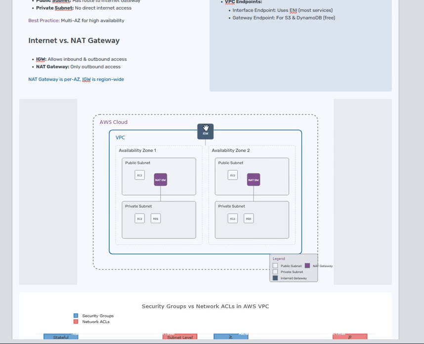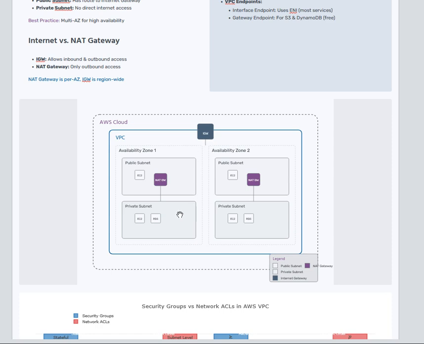So this internet gateway you can use for the public subnet in availability zone 1 and the public subnet in availability zone 2. If you have six availability zones, that means six different data centers, you can use this internet gateway as long as that availability zone has a public subnet and it's inside this region.